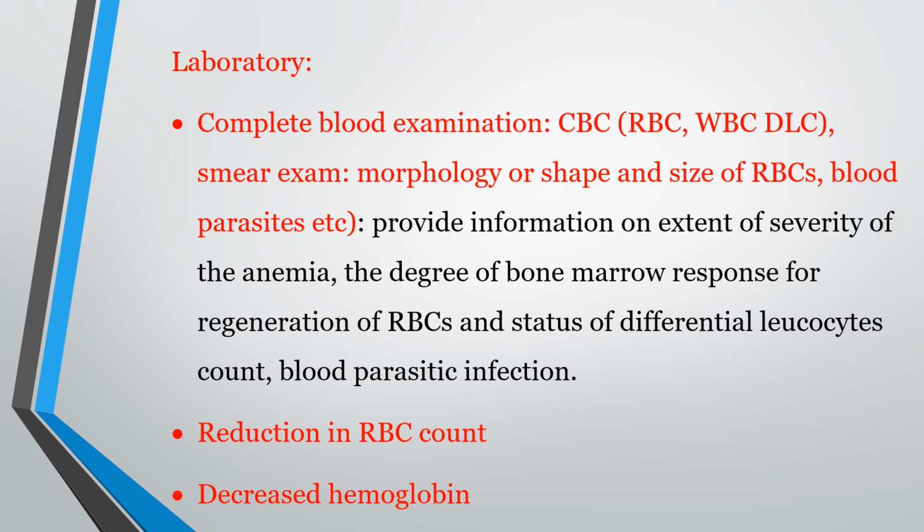In that, we have to examine both the morphology, or shape and size, of RBCs to detect whether it is macrocytic, normocytic or microcytic, and at the same time the amount of hemoglobin present in the RBC, normochromic or hypochromic, and the presence of blood parasites. So at a time we get much information just by examination of the blood.